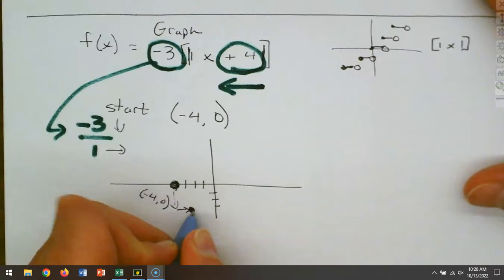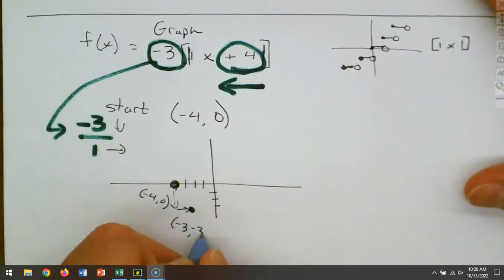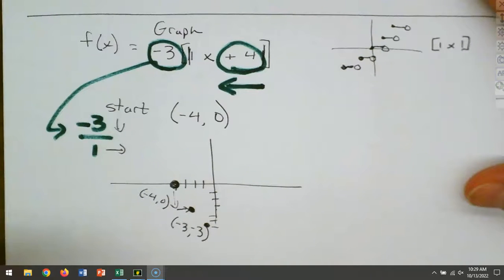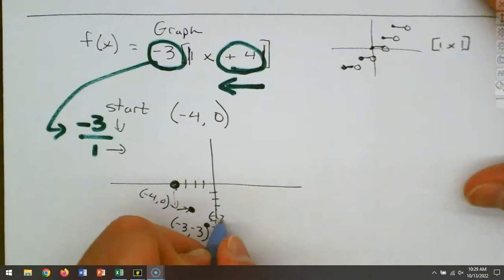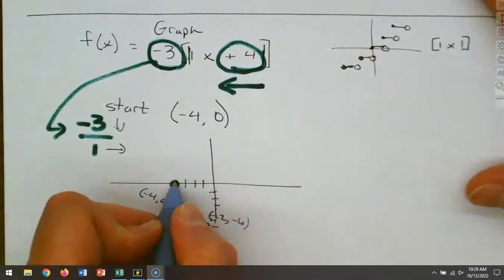We'll do another one. So you'll go down 3 more, back another one. And then we just connect them together to make our lines.